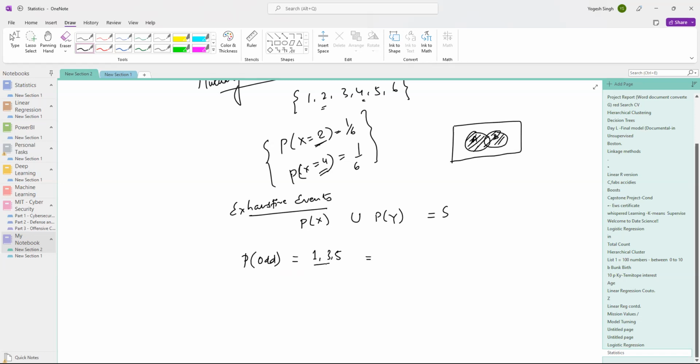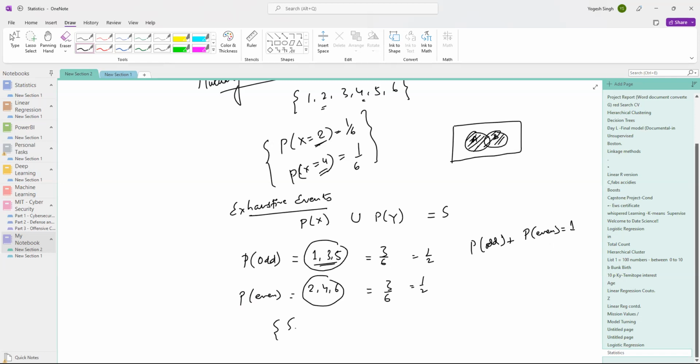So there are 3 ways it can occur: 3 divided by 6. What will be the probability of even? 2, 4, 6. So this is again 3/6. This is 1/2 and this is 1/2. When you sum them up, P of odd plus P of even becomes 1, and this value will sum up to your sample space.